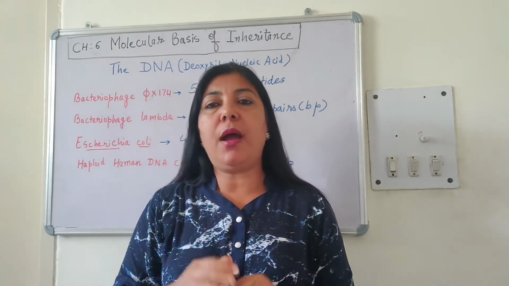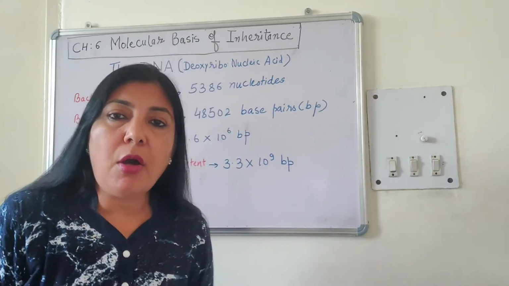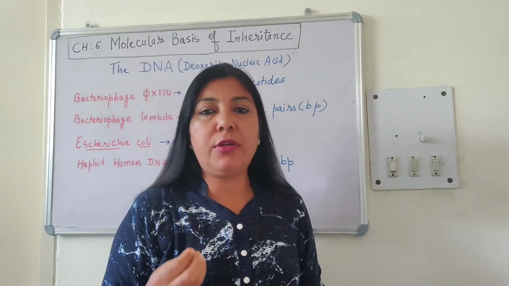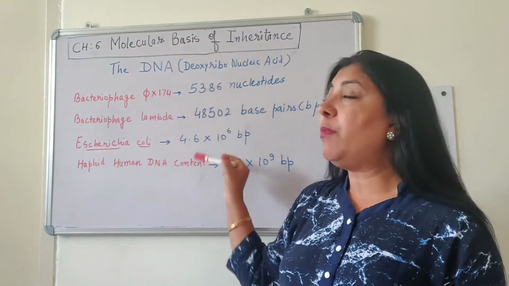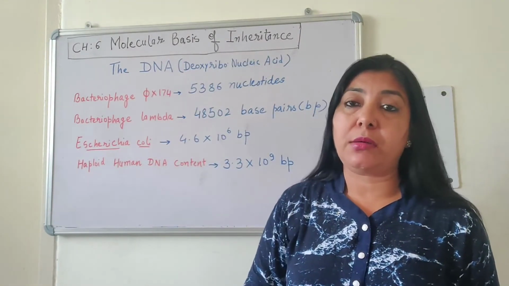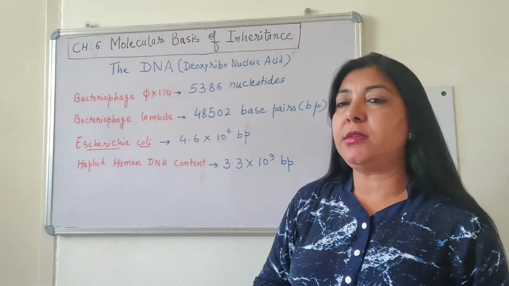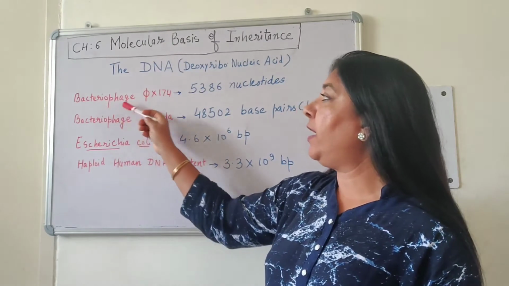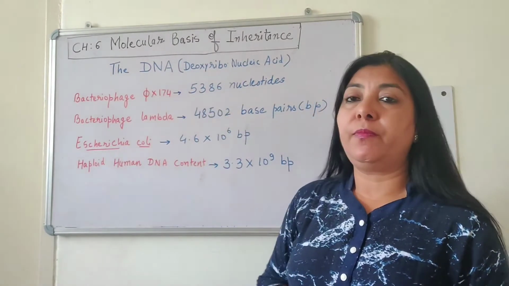So the first part of the topic includes the number of these polynucleotides in different organisms. This is very important, can be asked for 1 mark. Like if you see, I have written a few names of the organisms. One is bacteriophage Phi X 174.